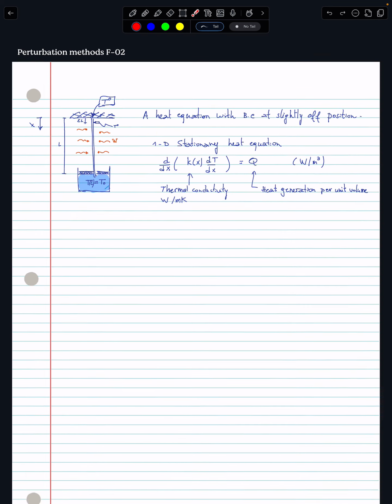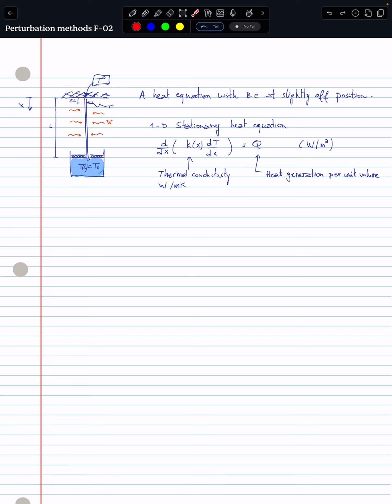All right, and so the governing equation that we need to write is a heat equation, which is in 1D, and we're going to look at that equation just in a stationary format. If you come back to Fourier's theory of heat transfer, you remember that there should be the second derivative of the temperature multiplied by the thermal conductivity equal to the heat generated per unit volume.